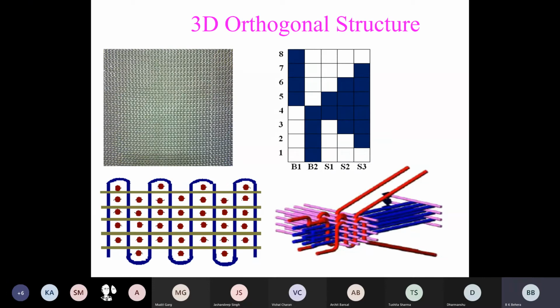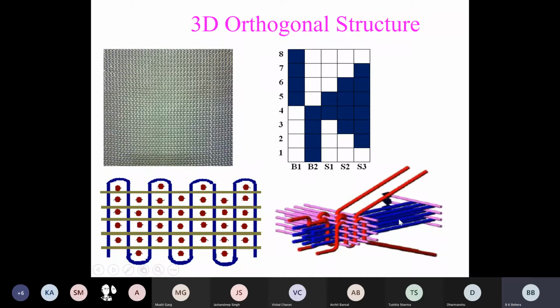So let us talk first about orthogonal structures. We discussed this last class. This is how the 3 component yarns are located in the fabric structure, and from this diagram you can see how they are manufactured.